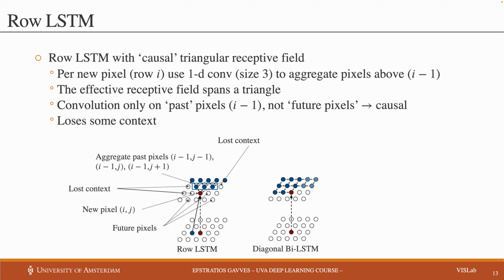And they show that with this trick, you can ensure that you don't violate the autoregressive nature. This is called the causal convolution. The convolution only depends on the past i minus 1 pixels, not future ones. However, you lose some context, right? Because for every pixel value i, you only care about this triangular shape.